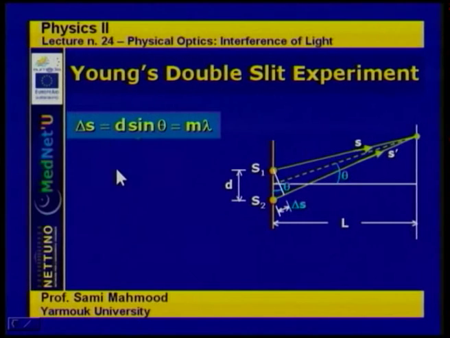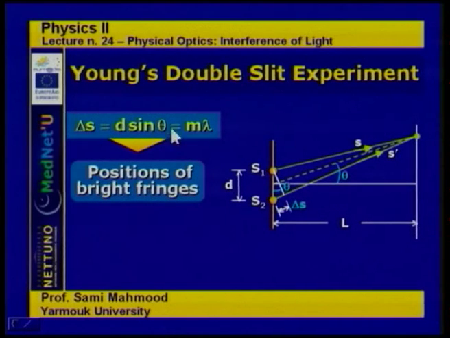If this optical path difference, d sine theta, is set equal to an integer times the wavelength lambda, then we have constructive interference. This defines the positions theta of the bright fringes. So this condition gives bright fringes.